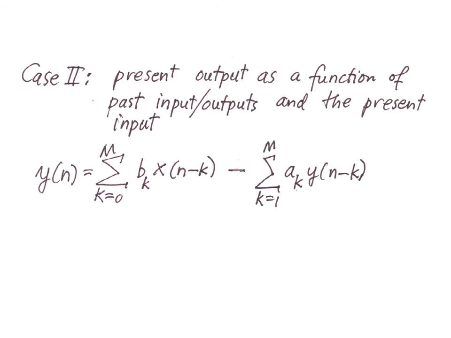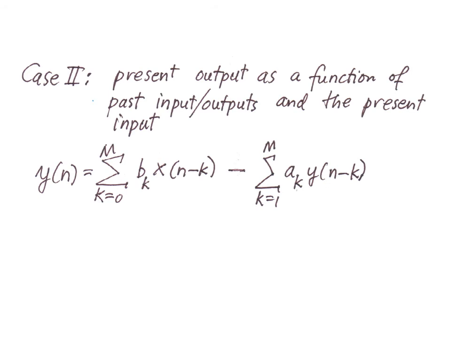The summation that involves the x terms starts at 0, so there will be a term y of n equal to b sub 0 times x of n. So it's directly a function of the present input, and then past inputs as well, because anytime n has something subtracted from it, you're looking back in time.